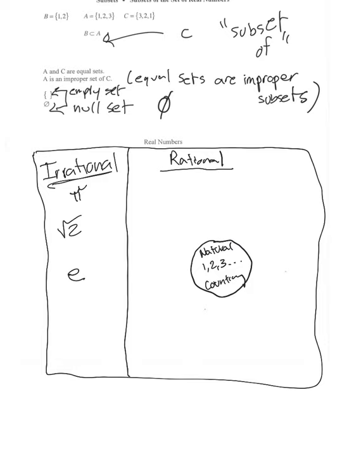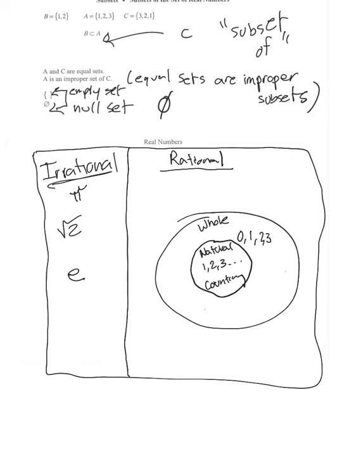The only difference between natural numbers, which is a subset of whole numbers, is that whole numbers happen to include 0. So natural numbers are a subset of whole numbers, and whole numbers include 0, which natural numbers do not.